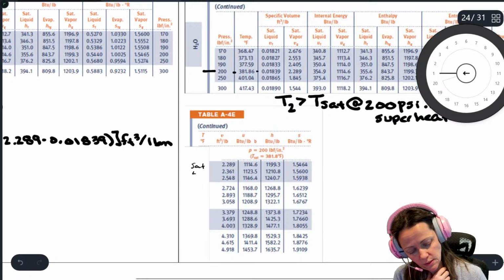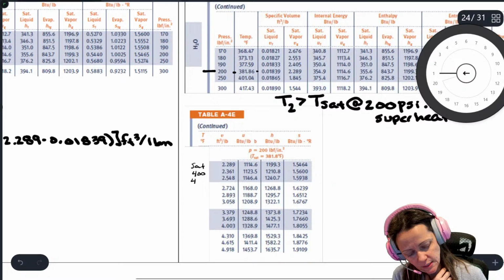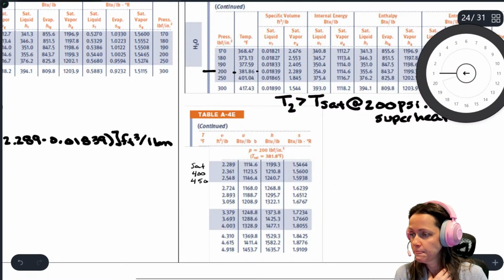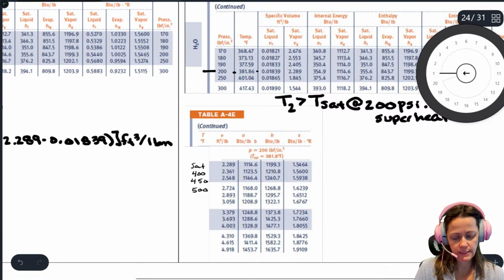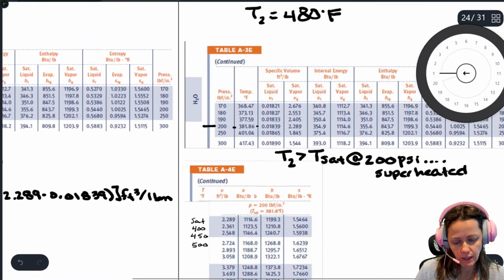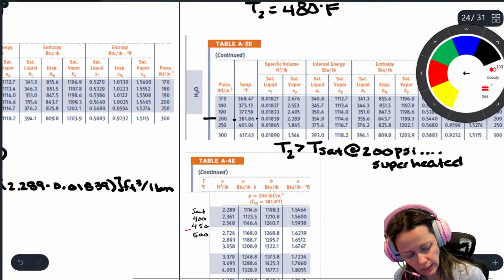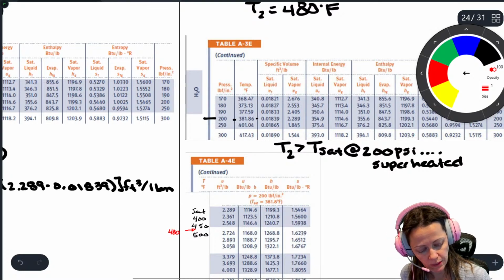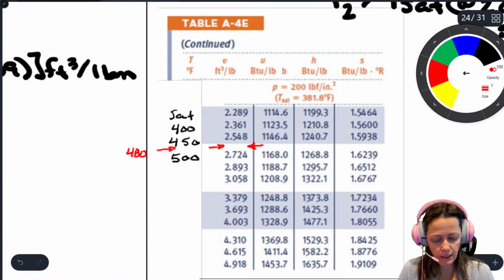So this is 400 degrees. This is 450. And this is 500. And I guess it doesn't really matter what the other ones are. The only one that we need is 480. And the problem is, of course, it's not on the table, but that's okay, because we can just interpolate. This right here, whatever that value is, that's going to be my V2.